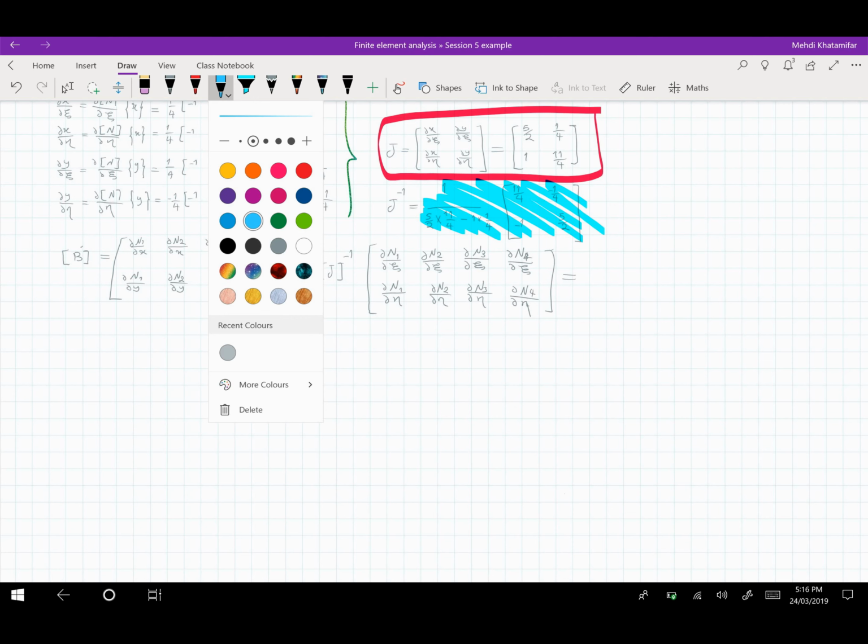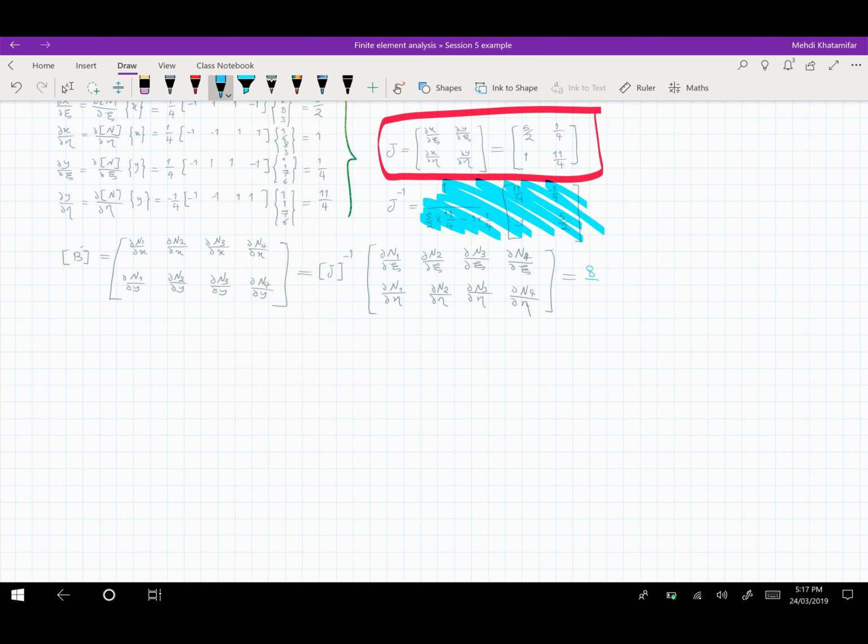So it is going to be 8 divided by 53 times this Jacobian matrix, 11/4, minus 1/4, minus 1, 5/4. This is the inverse Jacobian.